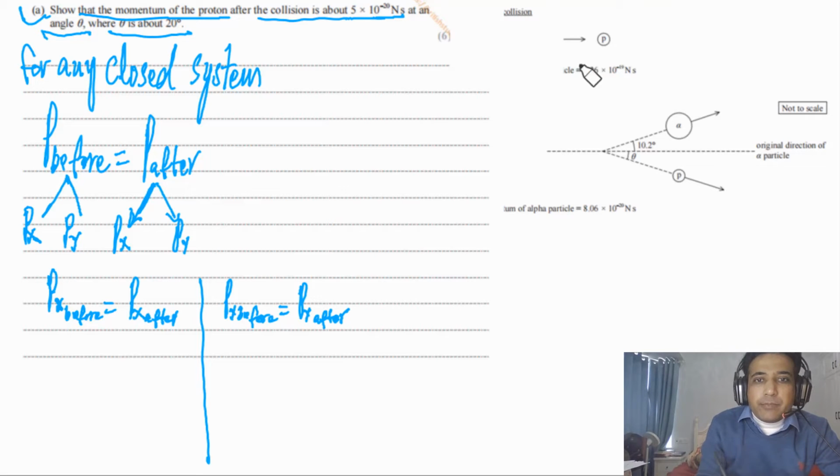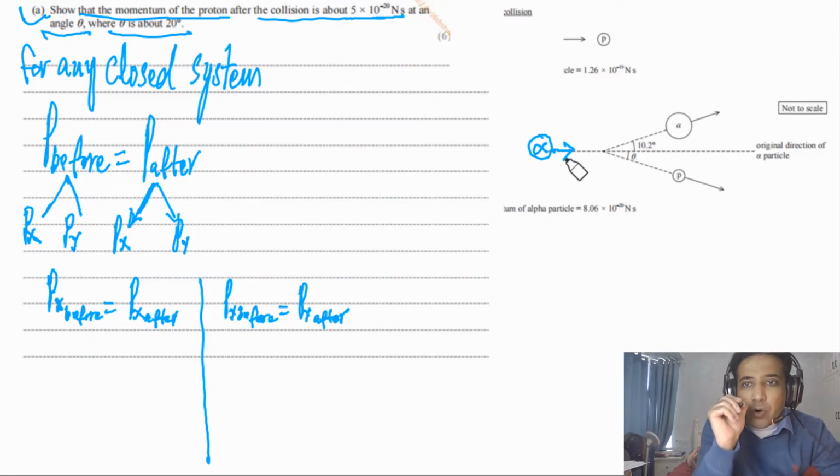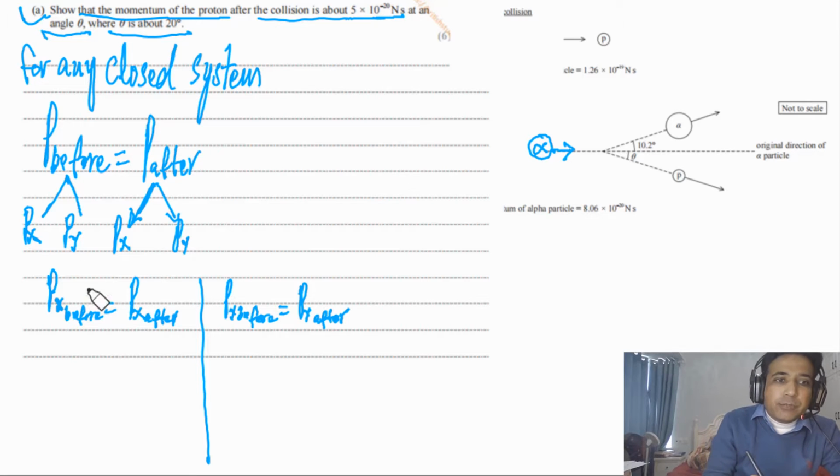Now we need to understand momentum along x-axis before collision. Before collision we have only alpha particle that was moving along x-axis, and proton was at rest. So simply we can say in this case momentum before collision is only momentum of alpha particle.